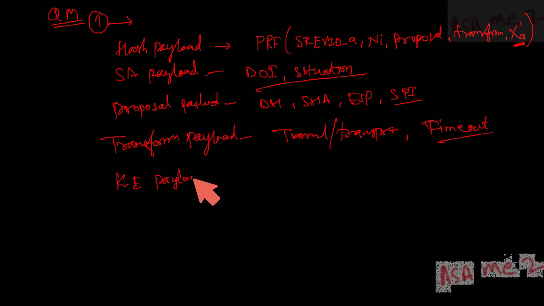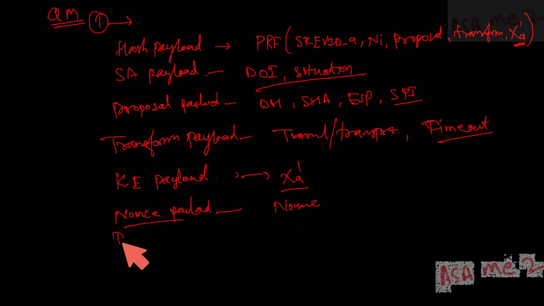Key exchange payload. Key exchange payload will of course have the new Diffie-Hellman public key, the nonce payload, so it will have the new nonce value, and then we will have identity payload. So there will be two identity payloads. So the name will be same, but of course there will be different information.